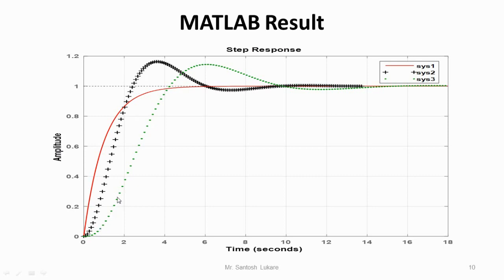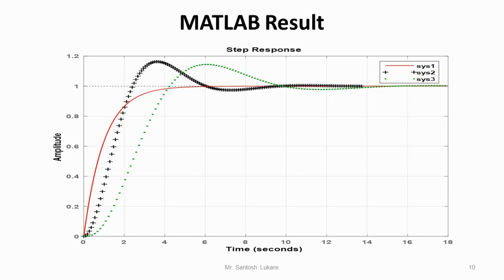The green plot also tracks the unit step set point, but it has overshoot and undershoot and takes a large time to settle as compared with system 1 and system 2. So the system becomes slow, takes more time to settle, and there are some overshoots and undershoots.